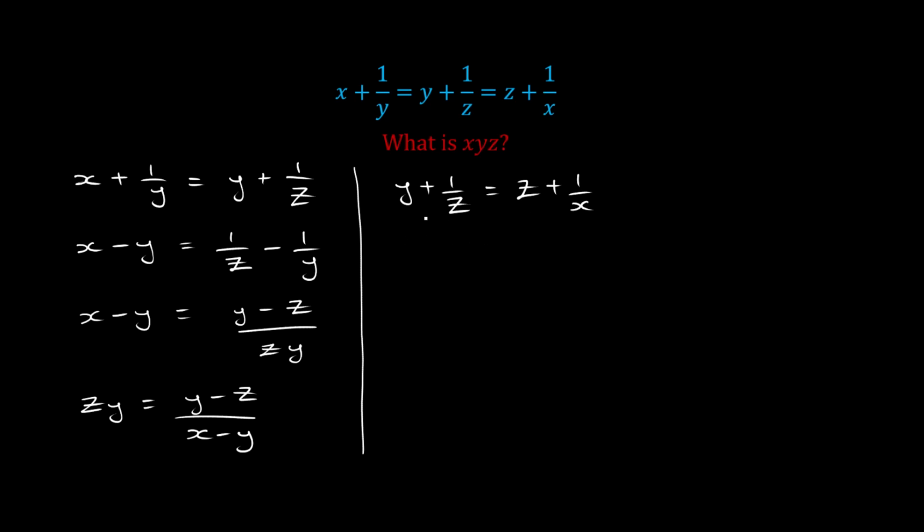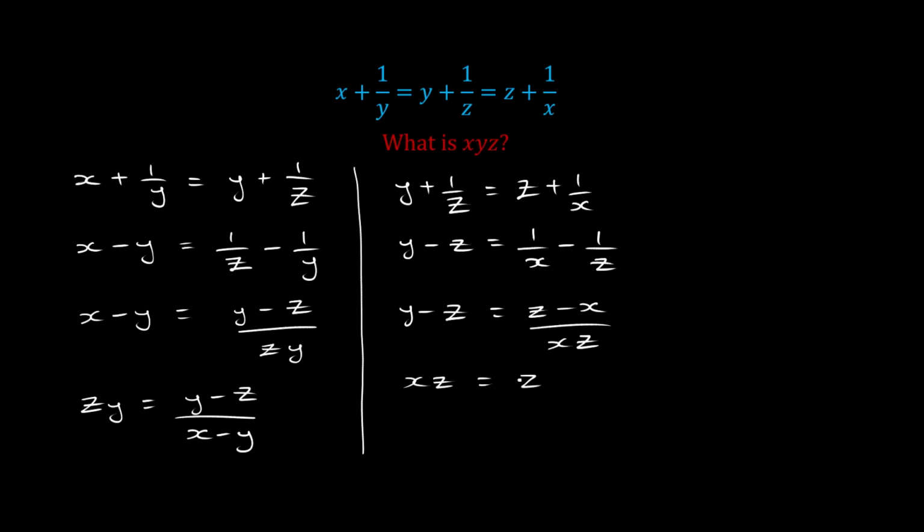We would take away z from both sides, so y minus z is equal to 1 over x minus 1 over z. Then we'll do the same, combine the fractions. y minus z is equal to z minus x over xz, and let's get this on one side: xz is equal to z minus x over y minus z.